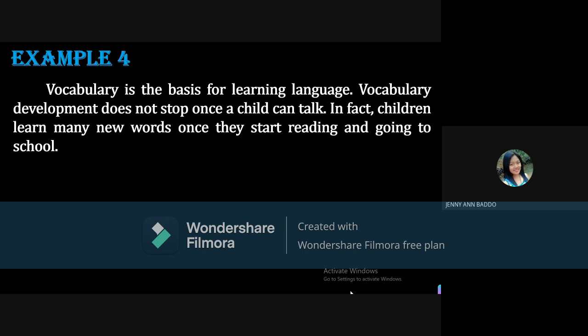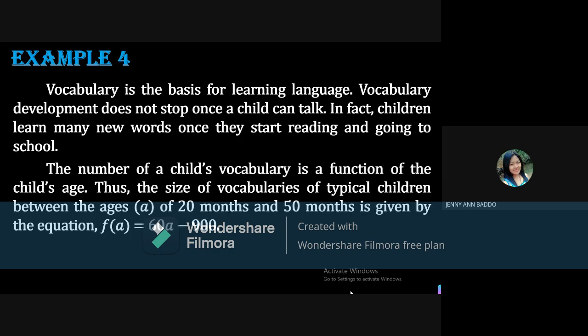Last example. Vocabulary is the basis for learning language. Vocabulary development does not stop once a child can talk. In fact, children learn many new words once they start reading and going to school. The number of a child's vocabulary is a function of the child's age.